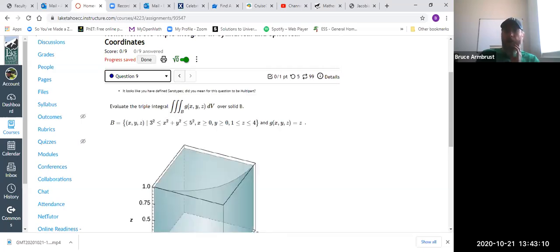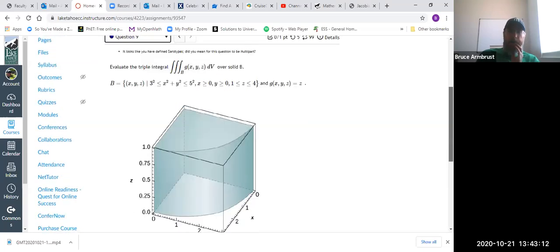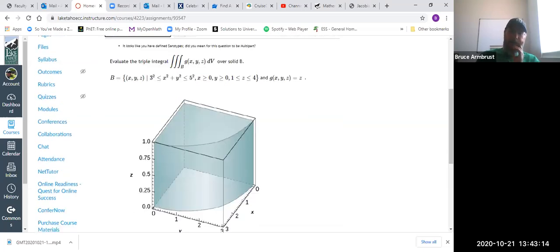All right, so we want to evaluate the triple integral over the solid B. It says here that B is x squared plus y squared between 3 squared and 5 squared.